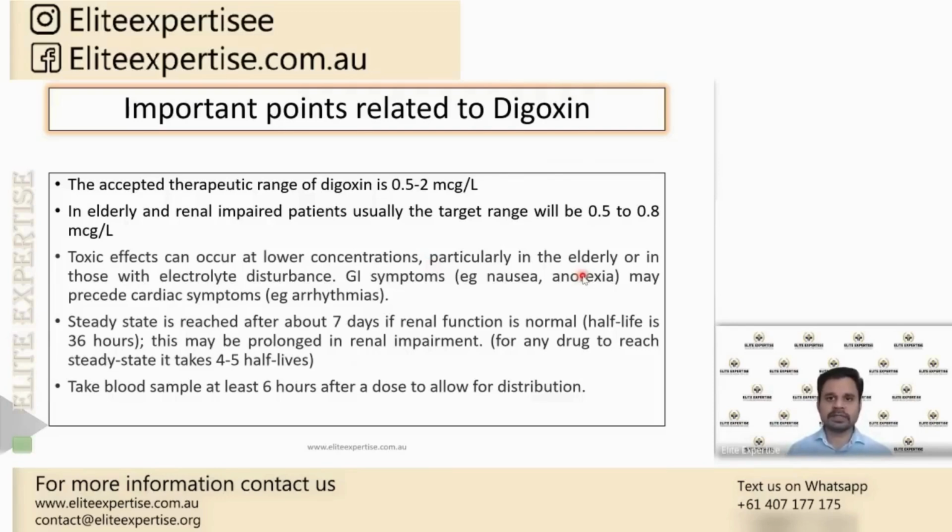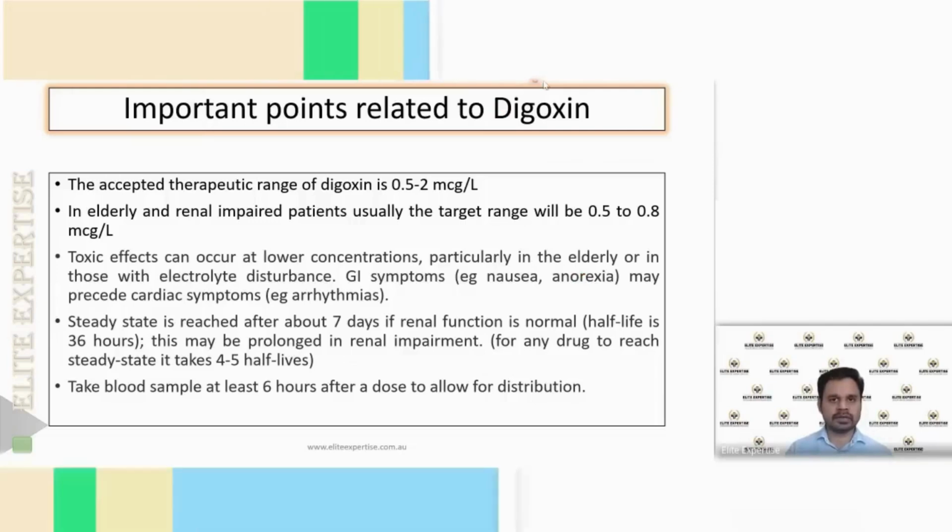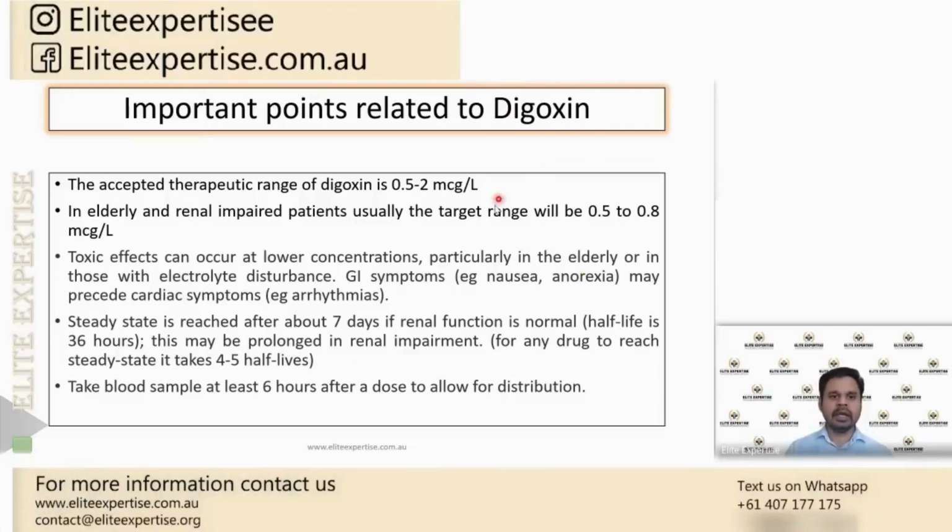So these are the first signs of digoxin toxicity. After the gastrointestinal symptoms, later the patient will develop cardiac symptoms, like cardiac arrhythmias. These are the common toxic side effects of digoxin.